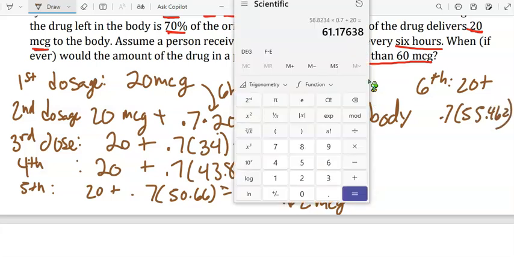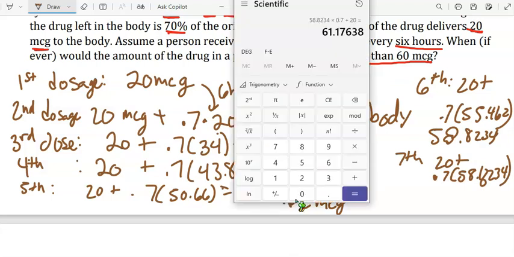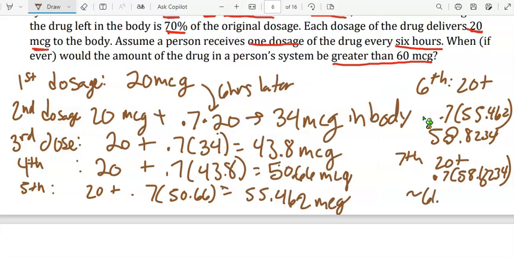And then that gives us 58.8234. And then the 7th dose, we have the 20 plus 70% of that 58 number. And then that will give us 61.2. So after the 7th dose, that's when it's greater than 60 micrograms.